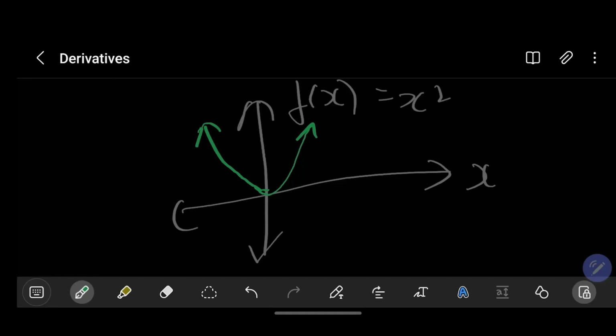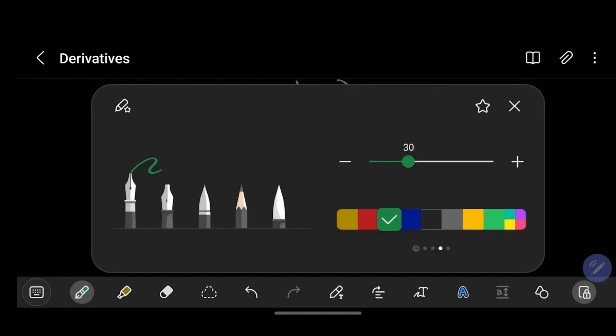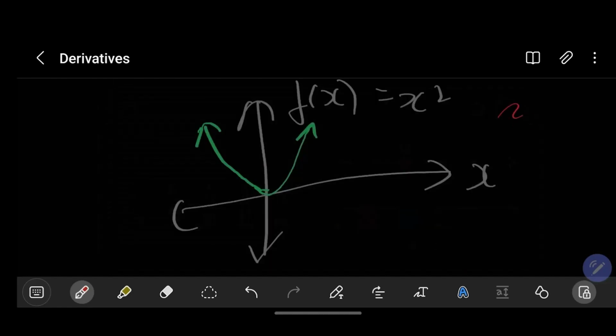If we want to find the derivative, we look at the tangent line. The tangent line is basically the line that cuts x squared at one point only. If we have a line here, this is a high slope. If we have another point here, this is a low slope.